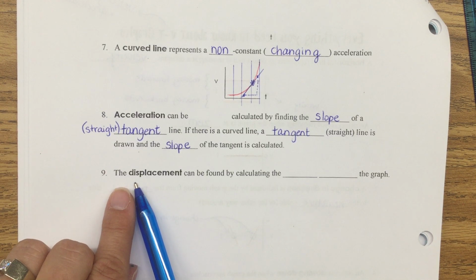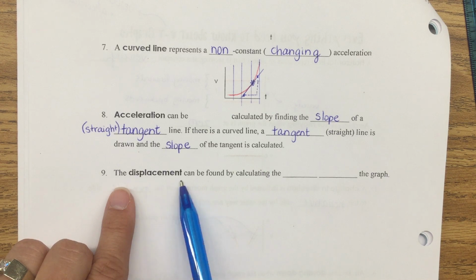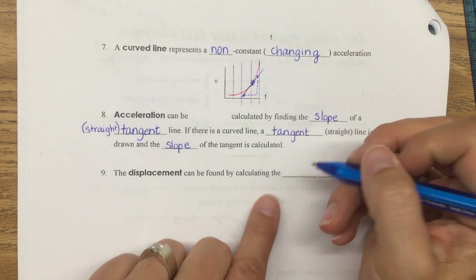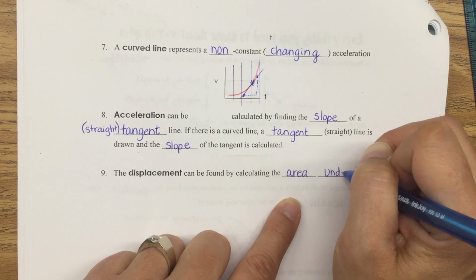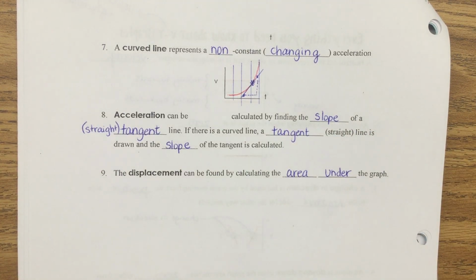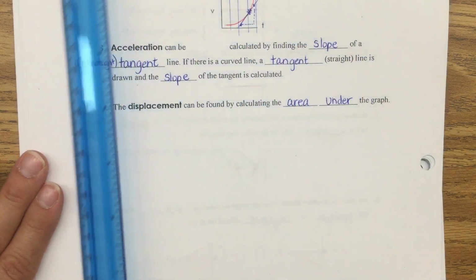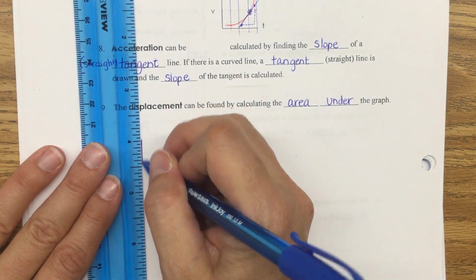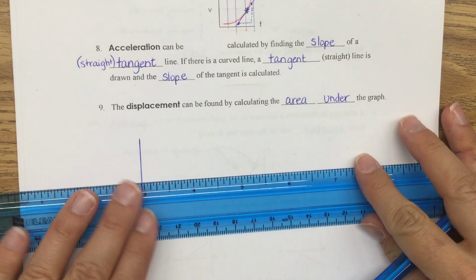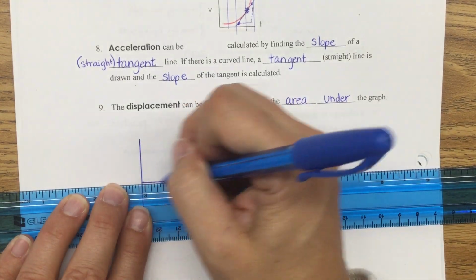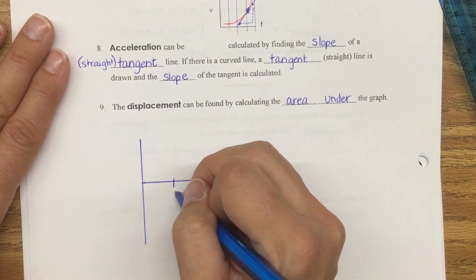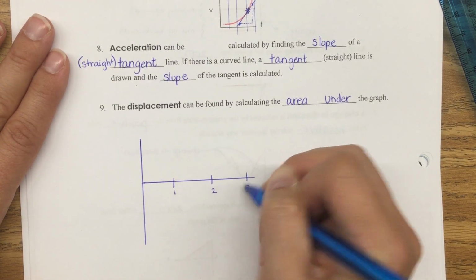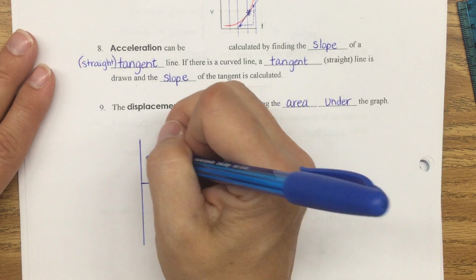Although we can't tell where we started from on a VT graph, we can calculate the displacement by calculating the area under the graph. So for example, I'm just going to draw a very quick little graph here. It is literally super, super small.